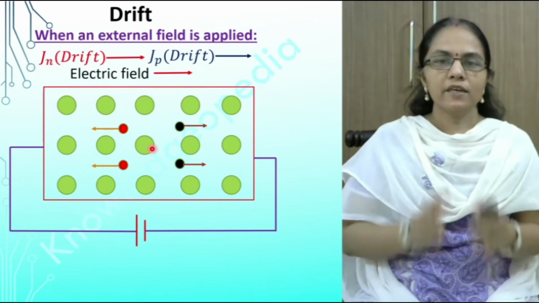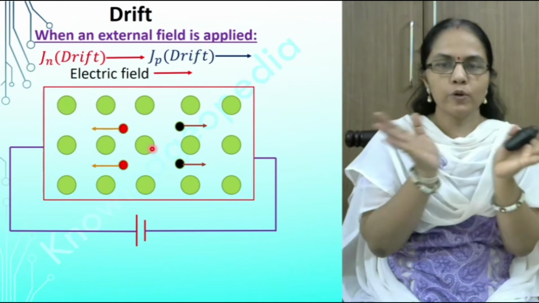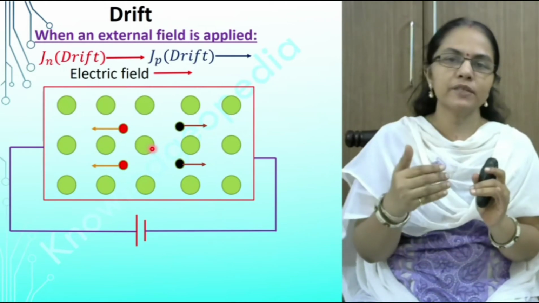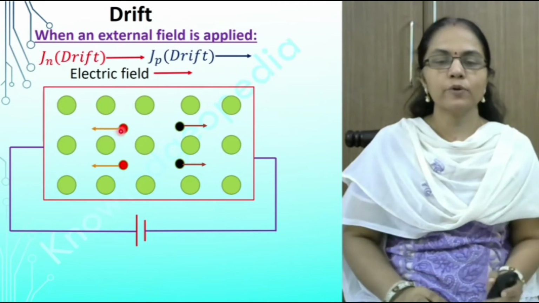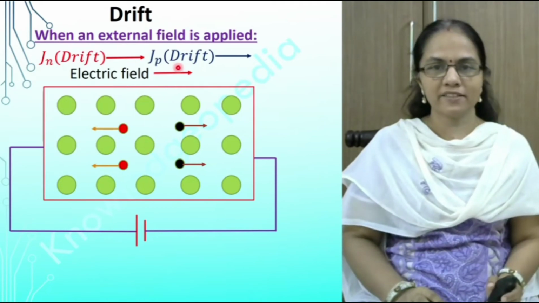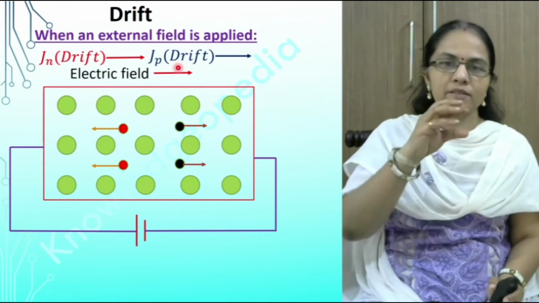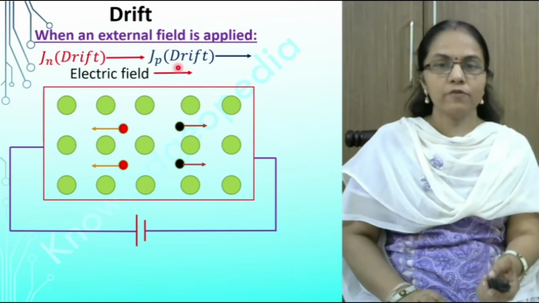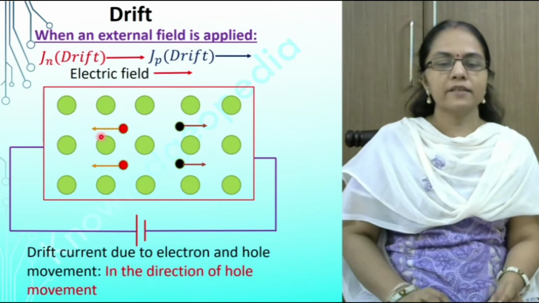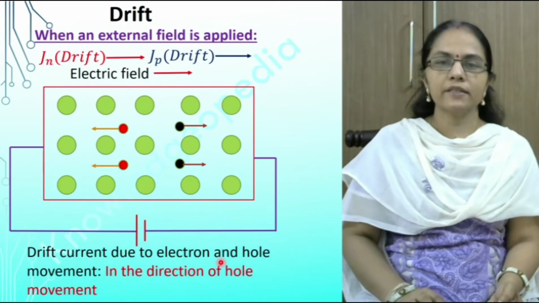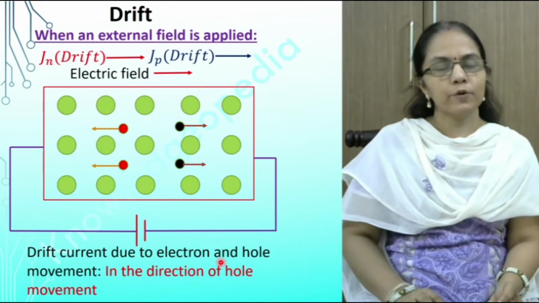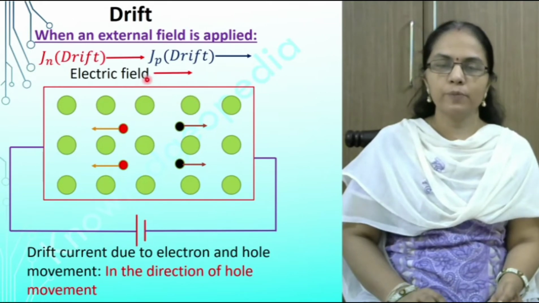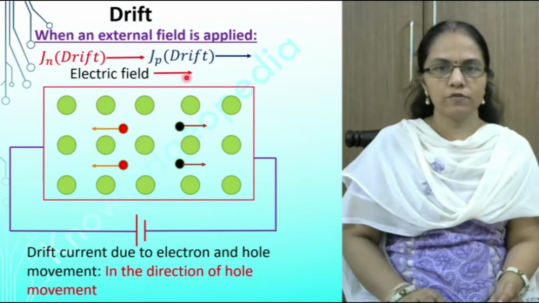Here you can see, though the electrons and holes are moving in opposite directions, the currents due to the movement of electrons and holes are in the same direction. So always the total current is getting added. From here we conclude that the drift currents due to electron and hole movement are both in the same direction, that is in the direction of the hole movement or the electric field.